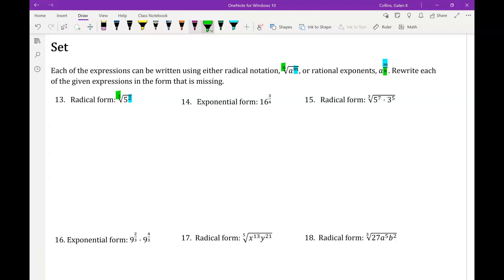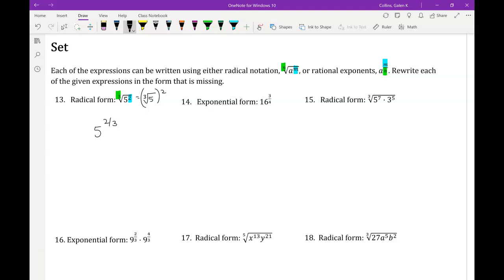So in number 13, in radical form, that's like the third root of 5 squared. I just want to note that's the same as saying the third root, or the cube root, of 5 in parentheses squared. Those are equivalent. To write that as an expression with a rational exponent, that would become 5 to the 2/3 power.